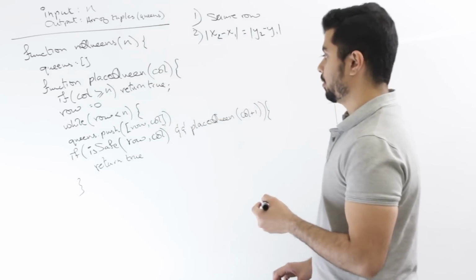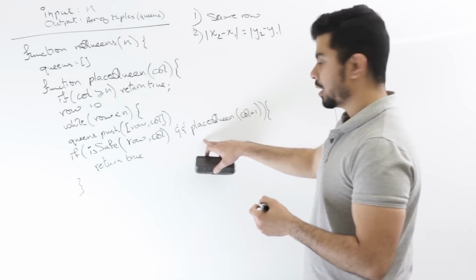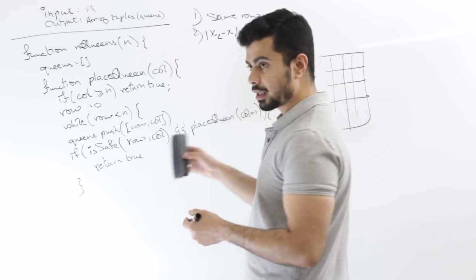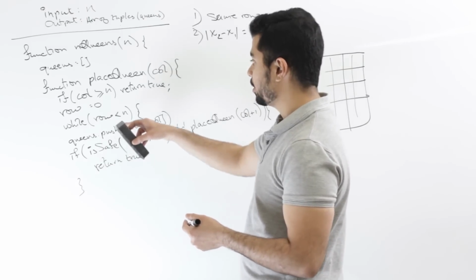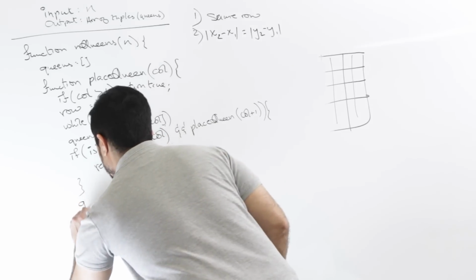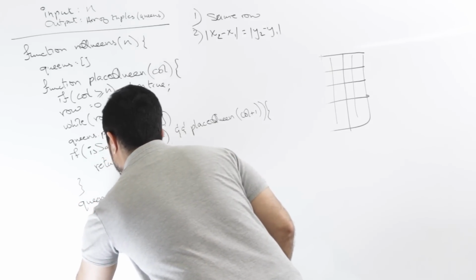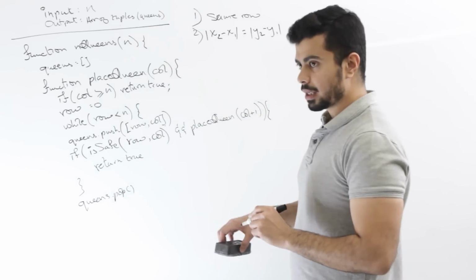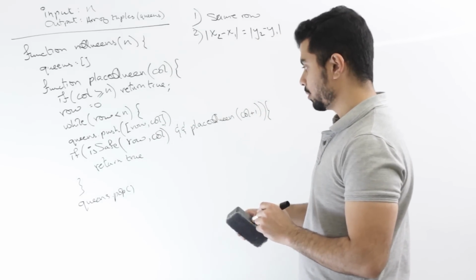Now what if this does not return true? Then I need to backtrack. Then I'll say, okay, let me take a step back, and the step back is basically to pop this thing out. So I'll say queens dot pop, right? So now this thing is out. Now what do we do?